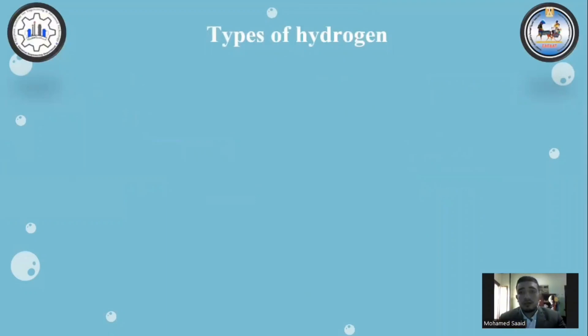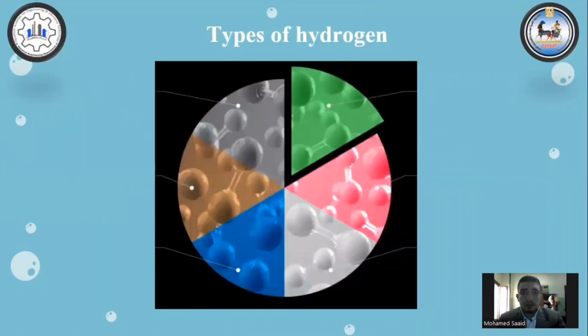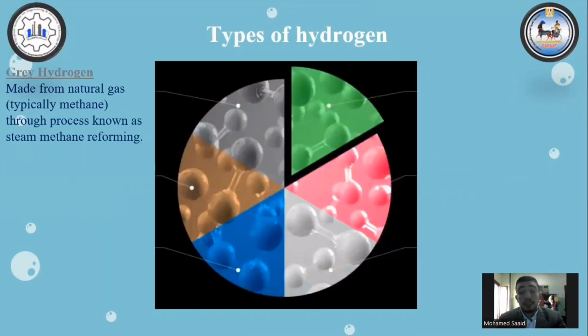The types of hydrogen. Hydrogen has many types. Let's start with the first one, gray hydrogen. It's mainly made from natural gas by a process called steam methane reforming or another method with partial oxidation.